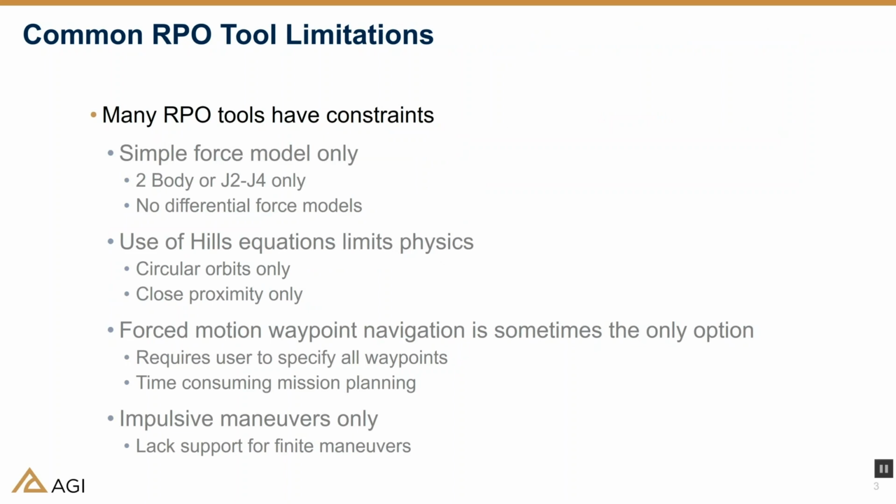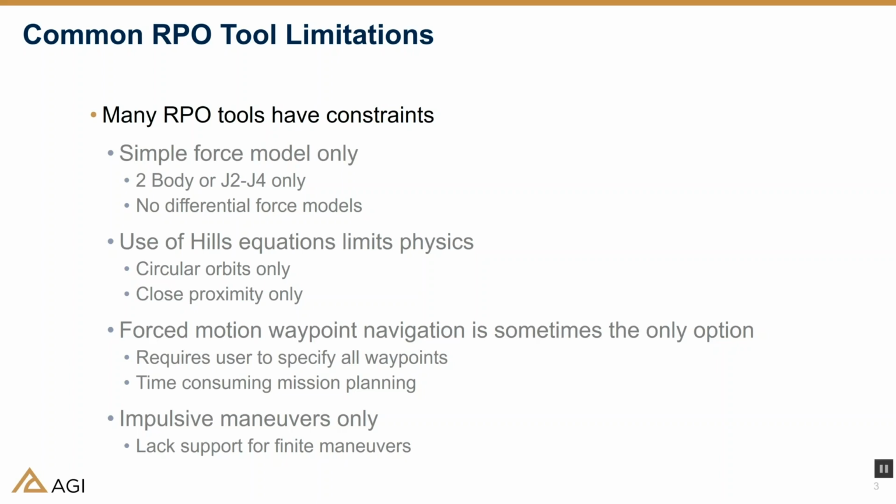So, anyhow, some of the common RPO tool limitations are many are done using the Clohessy-Wiltshire equations. So they use a simple two-body propagation, thus not allowing any differential forces between your target and chase vehicles. They're typically used for circular orbits and close proximity only, because those assumptions start to break down.